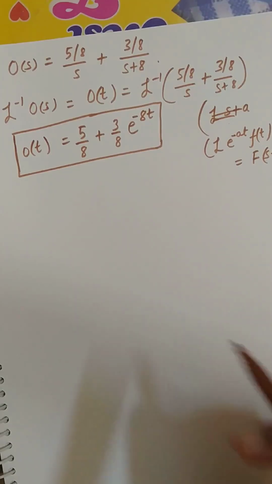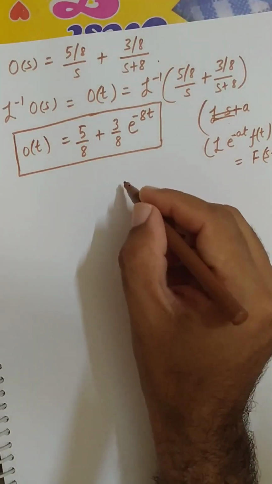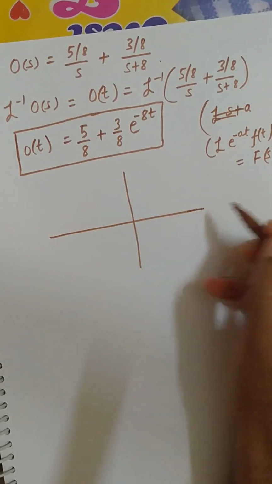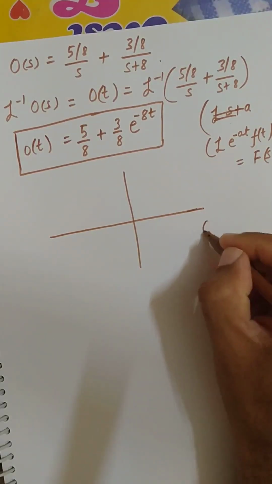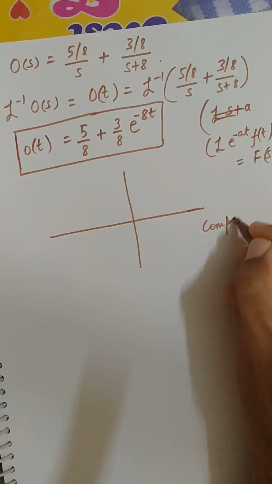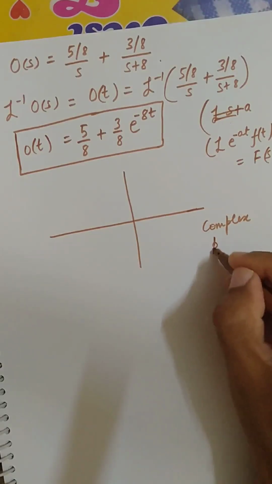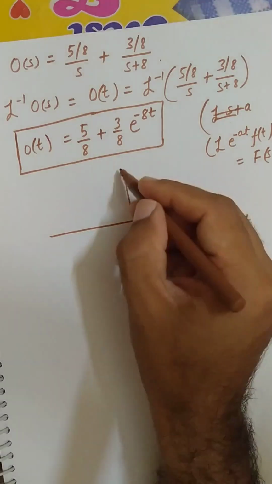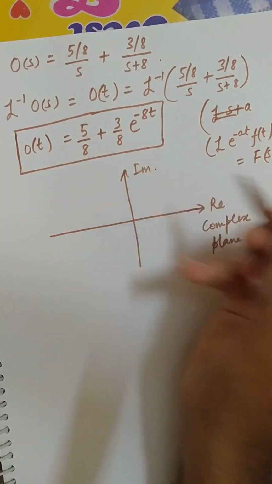I should at this point also draw the poles and zero on a complex plane. This is my complex plane. This is the real axis and this is the imaginary axis.